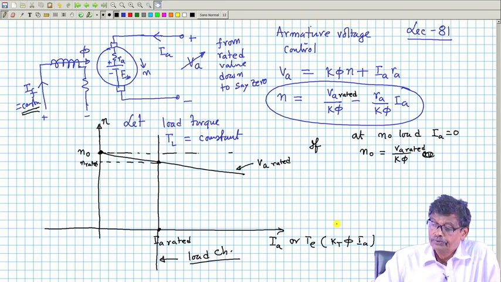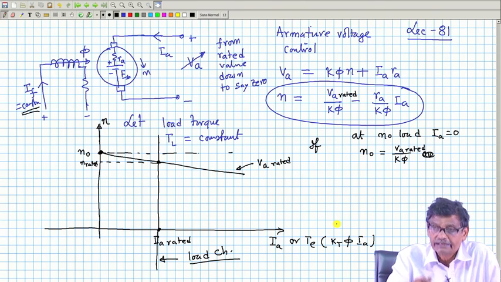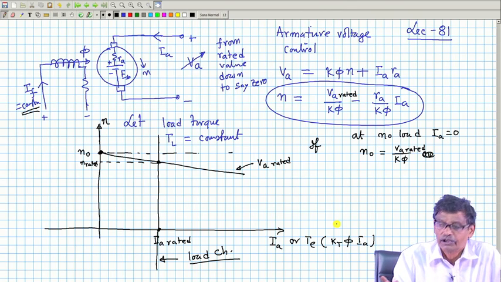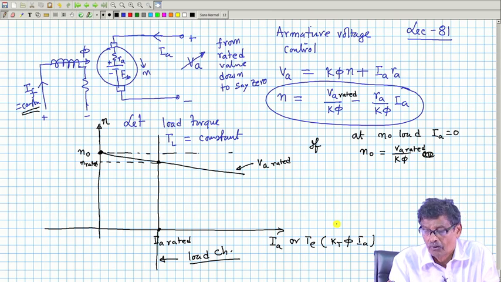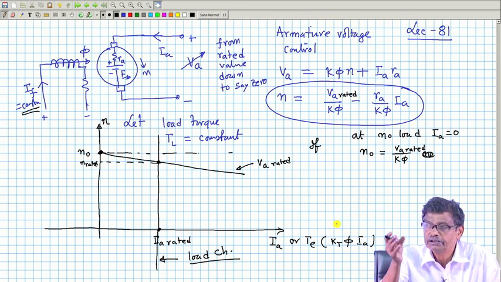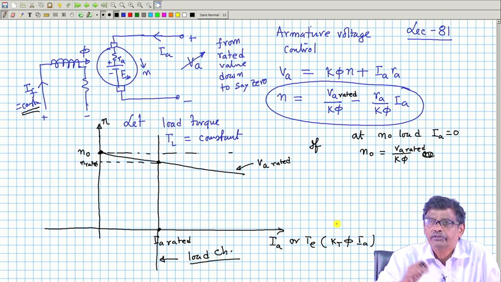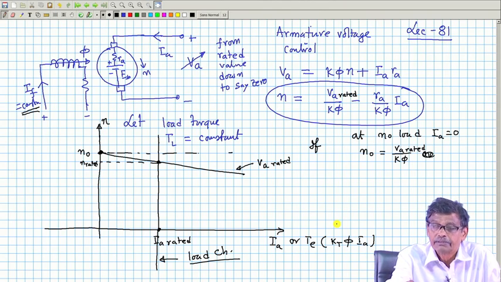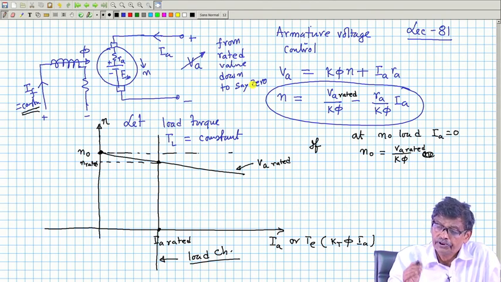Now, what I will do is reduce this armature voltage to a lesser value, because there is no scope for increasing the voltage beyond the rated value. If it is a 220 volt machine, I will reduce the voltage to 200 volt, then maybe 180 volt, like that.